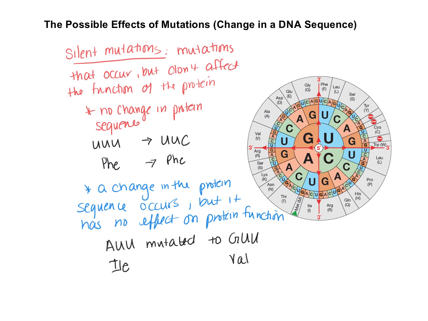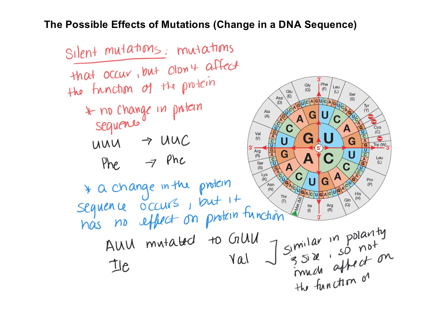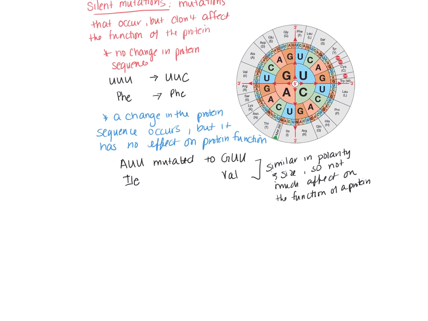There's not going to be much of a change. The two amino acids here are similar in polarity and size, and so they just don't have much effect on the protein. So there's not much effect on the function of a protein. Okay. And so those are kind of two examples of silent mutations.